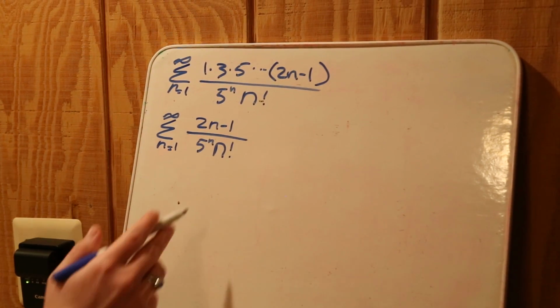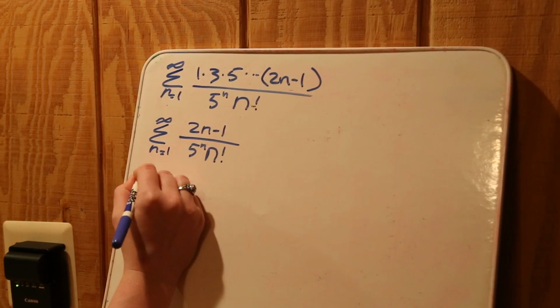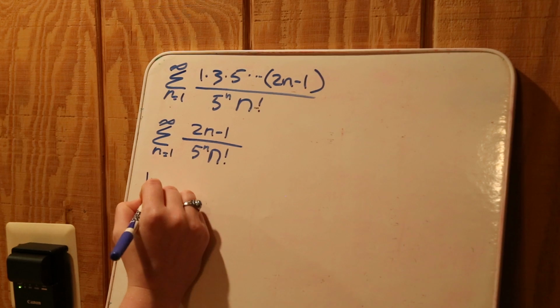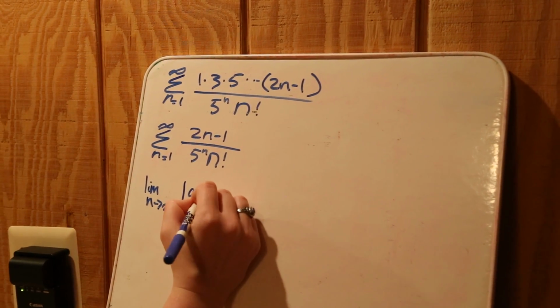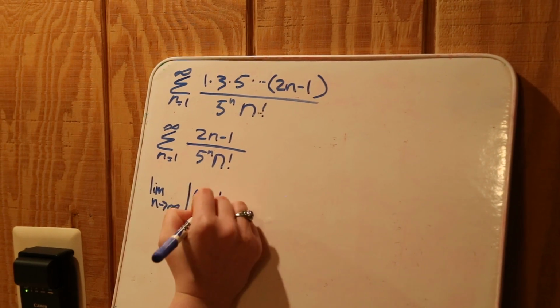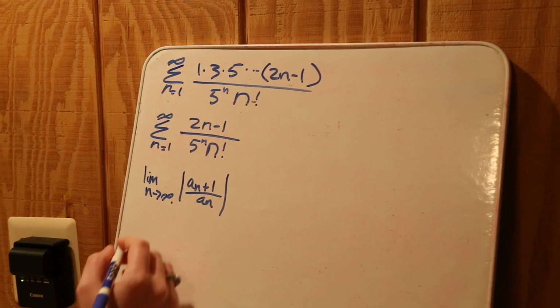And whenever we see a factorial, we always want to use the ratio test, and that is the limit as n approaches infinity of the absolute value of a sub n+1 all over a sub n. So we just plug it in.